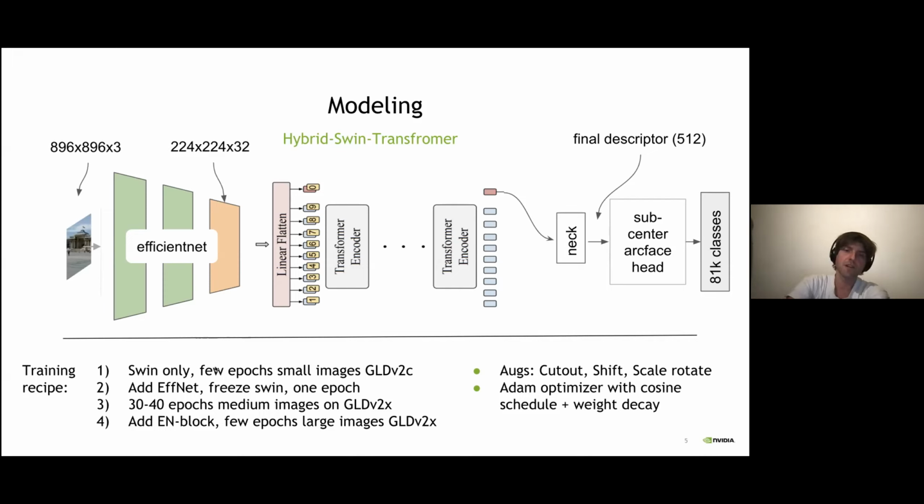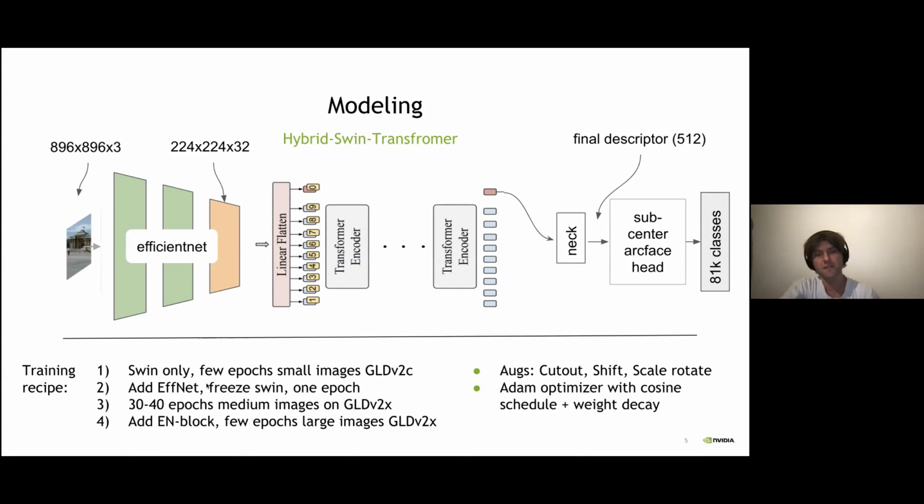But to make this work, so you do not get any NaNs in training, you basically need to freeze the model you have trained in the first step, add the EfficientNet and just train the EfficientNet for one epoch to basically let the newly added EfficientNet adjust to the rest of your model. After this has been adjusted, you can unfreeze the whole model and perform the third and fourth step same as the model before.